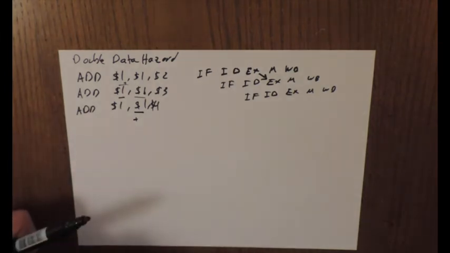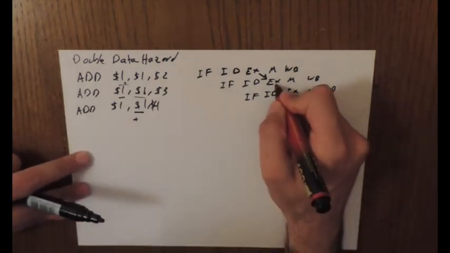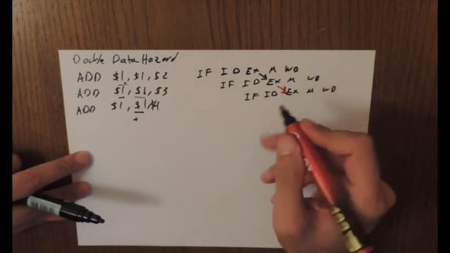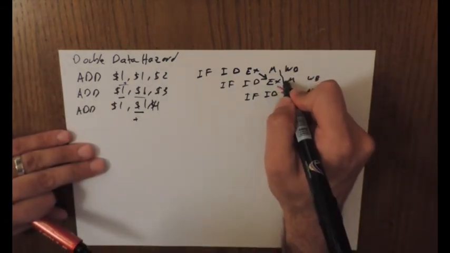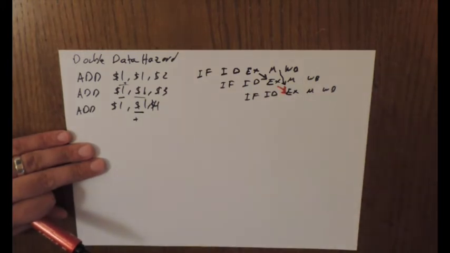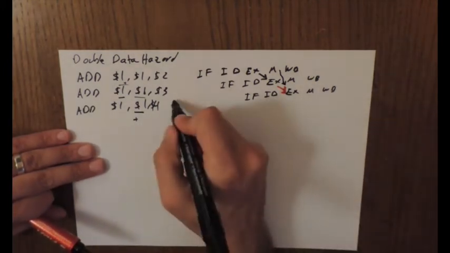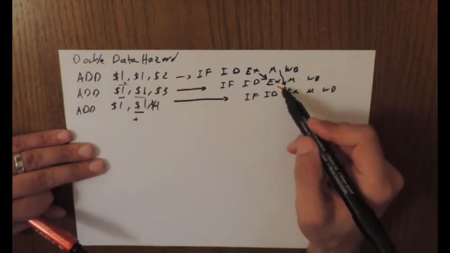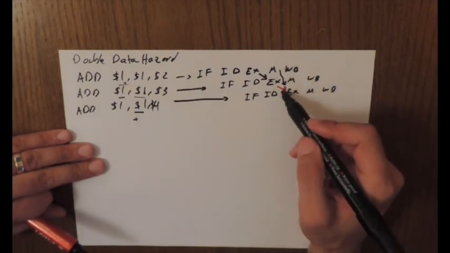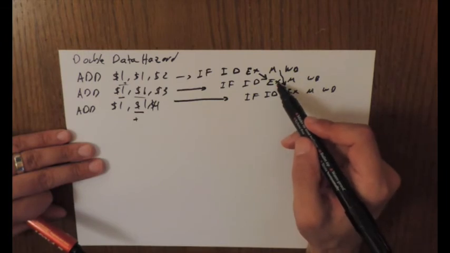So what happens, I now have this arrow and this arrow coming from the memory. So I have those two arrows. Somehow here there is no condition that tells me that I need to forward from the EX stage of the previous one.